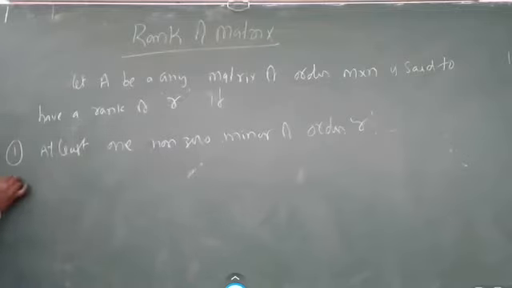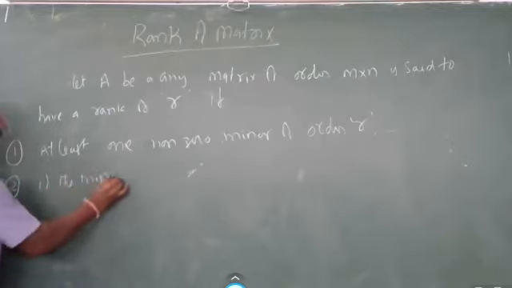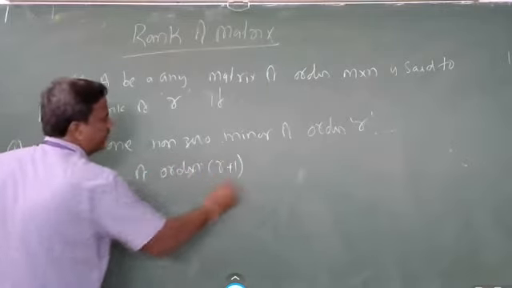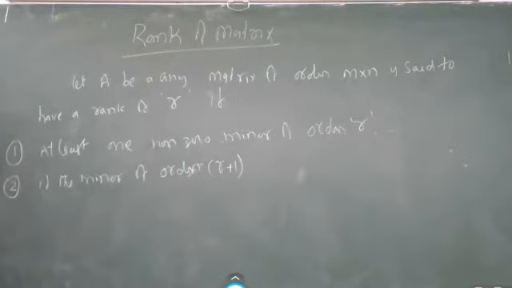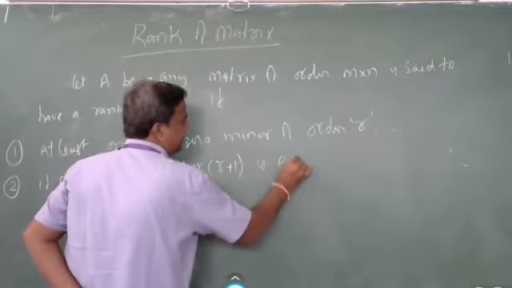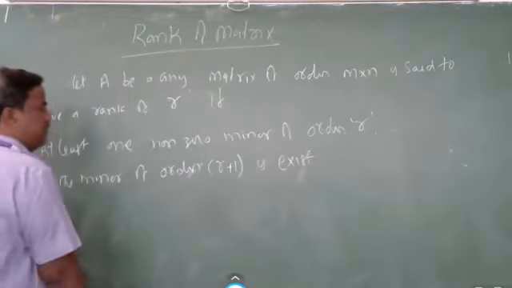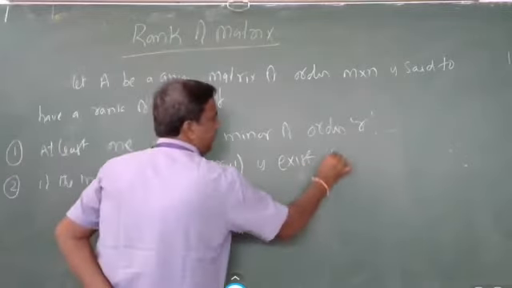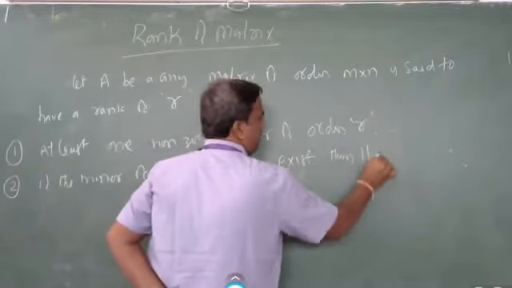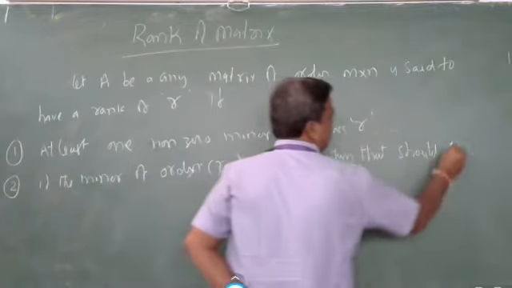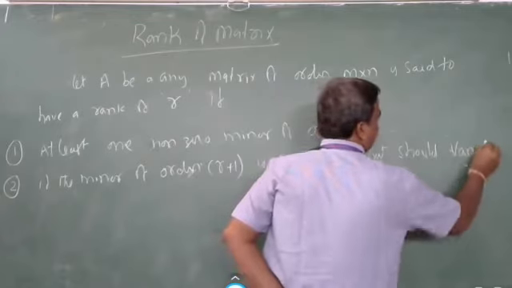The second condition: if a minor of order R plus 1 exists, then it should vanish, that means the minor is 0.